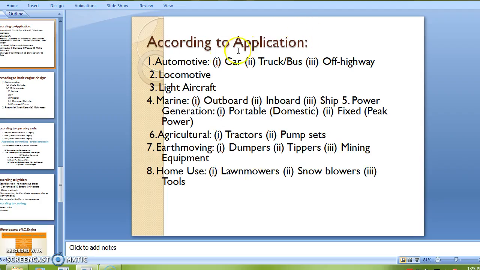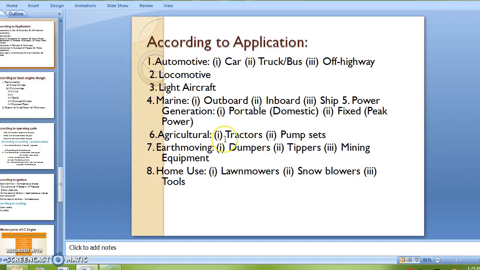According to application, the IC engine is classified as: first, automotive, which is used in cars, trucks, buses, off highway. Second one is locomotive. Third is light aircraft. Fourth is marine: outboards, inboards, ship. Fifth one is power generation, portable, which is also called domestic, and second, fixed.